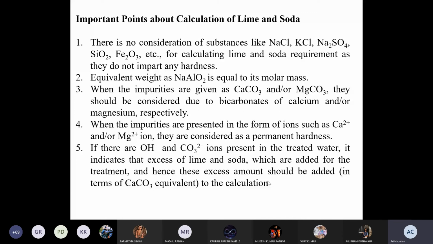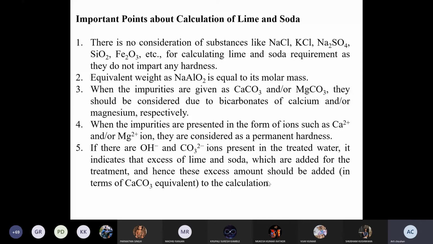Second, the equivalent weight of sodium aluminate is equal to its molar mass. Why is sodium aluminate there? We added it as a coagulant.